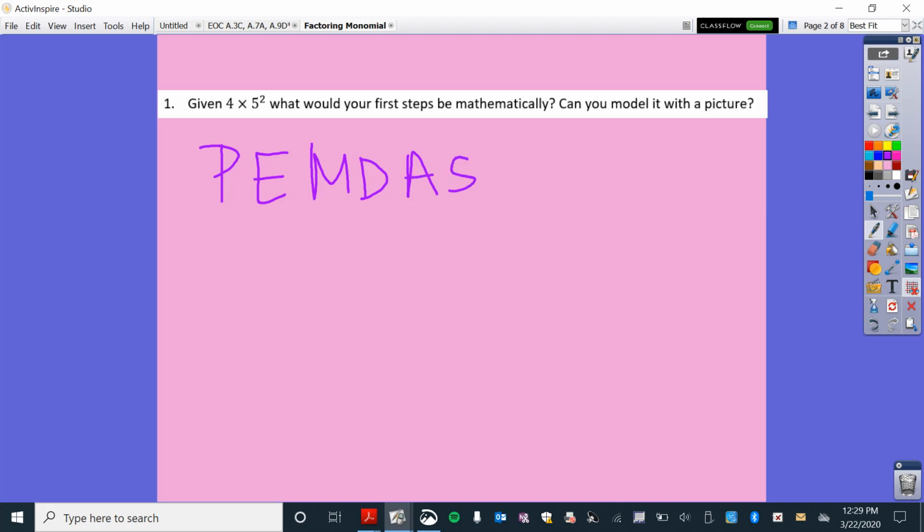All right, so the P represents what? Parentheses. E is exponents, and multiplication. D is division. A is addition, and S is subtraction.